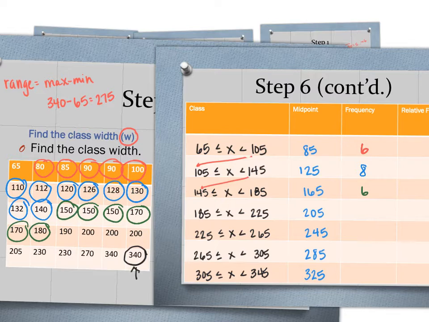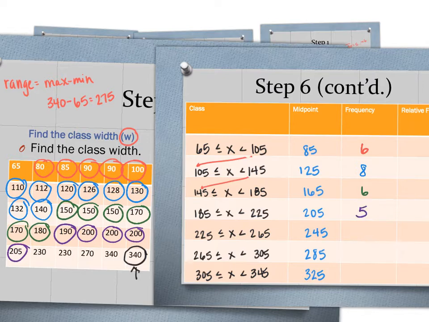The next class would be greater than 185 but less than 225. 5 of those observations fall there.